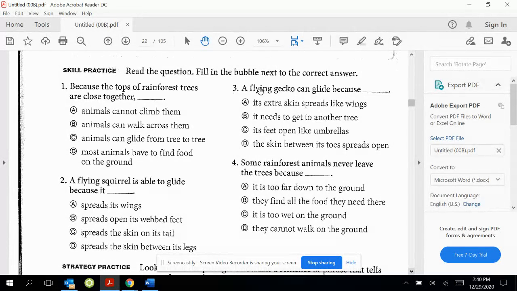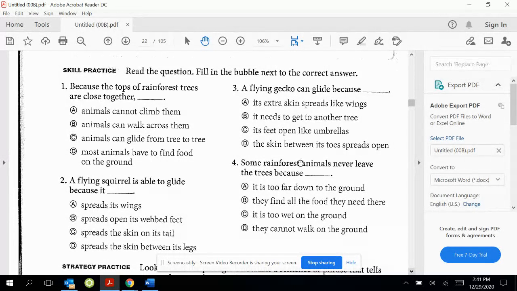Number 3, a flying gecko can glide because A, its extra skin spreads like wings, B, it needs to get to another tree, C, its feet open like umbrellas, and D, the skin between its toes spreads open.